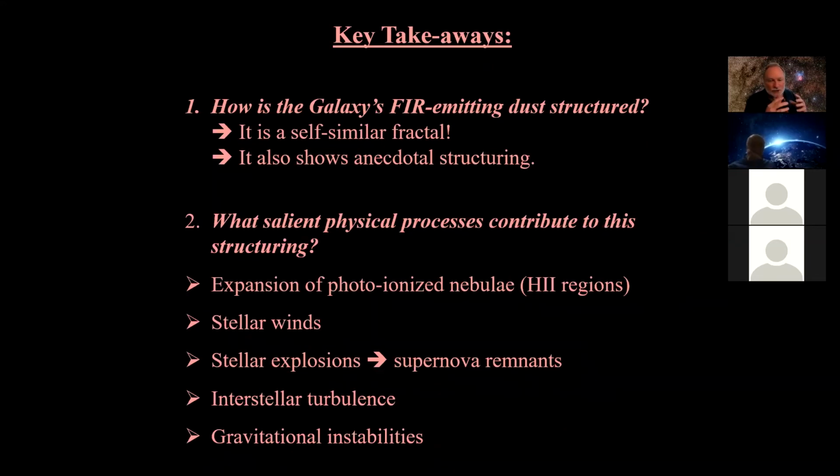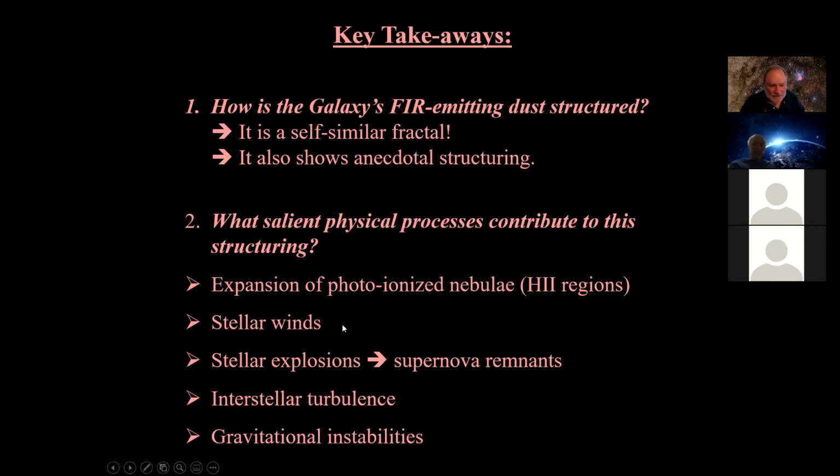The ultraviolet radiation rips the molecules apart, and then it rips the electrons off the individual atoms and heats up everything. What was once just a few tens of degrees above absolute zero is now at 10,000 degrees. And just like a hot air balloon, there's expansion. And so some of the bubbles, like the head of Orion, could be just due to this expansion of the hot photoionized gas.